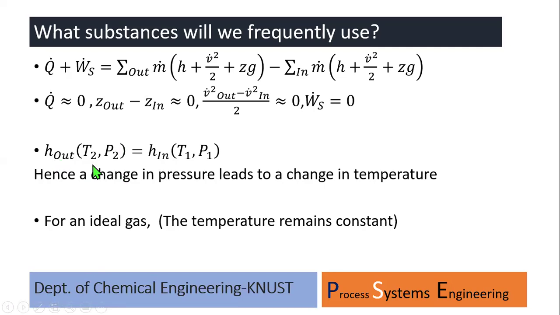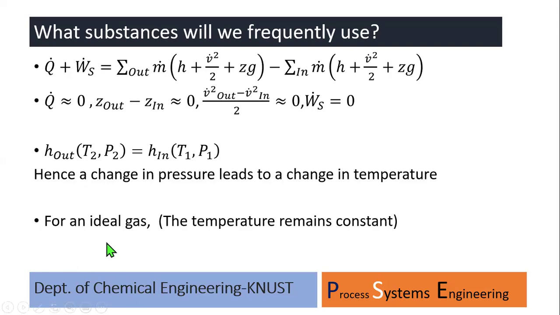So the enthalpy is coming in at a certain temperature and pressure, and when it's moving out, it will move out at a certain temperature and pressure. But at the end of the day, whatever temperature and pressure we're working with, the enthalpies have to be the same. So we are saying here that the change in pressure is going to lead to a change in temperature, because we said for the throttling valve, there will be a change in the pressure. And so that change in pressure is going to cause a change in temperature. But at the end of the day, we are going to have the same enthalpy.